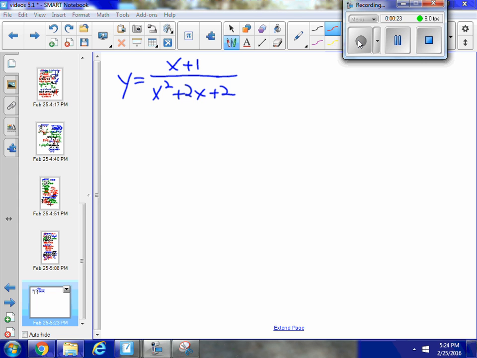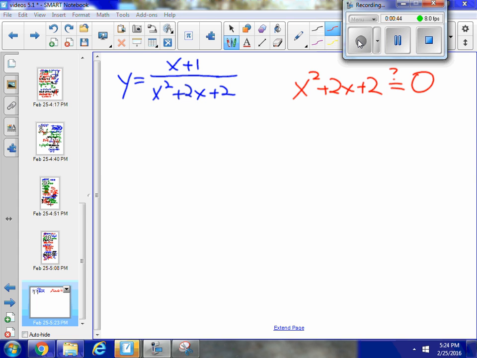So I'm going to set it equal to 0 and see if I have any values of x that make the denominator 0. So I have x squared plus 2x plus 2, and I want to know if that equals 0 at any point. Well, I can see that this is not factorable.